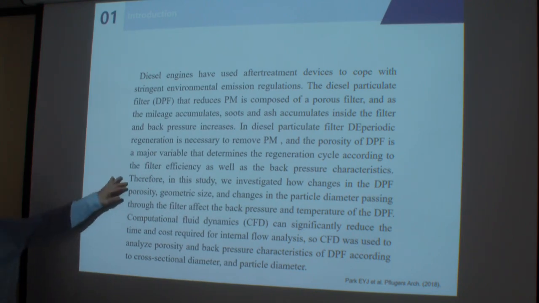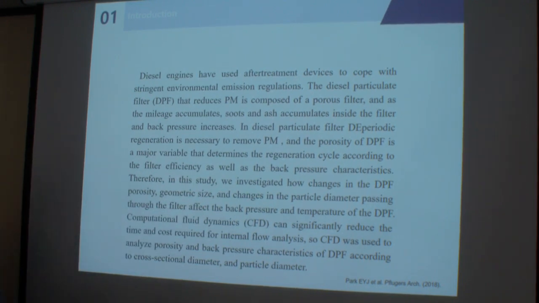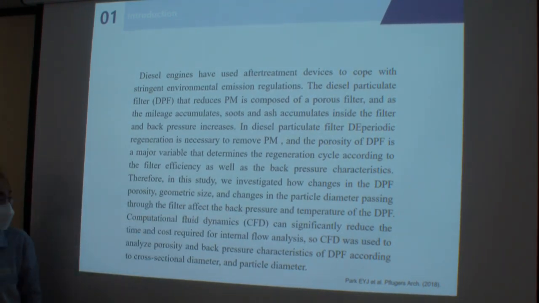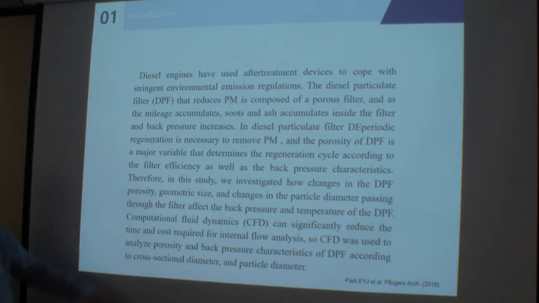Therefore, in this stage, we investigate how changes in the DPF porosity, geometric size, and the particle diameter passing through the filter affect the back pressure and temperature of DPF.